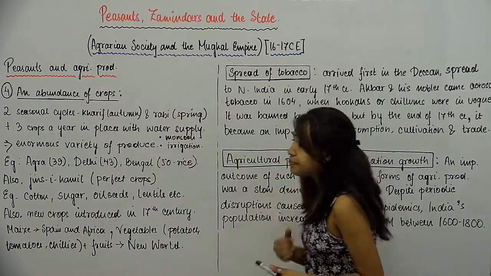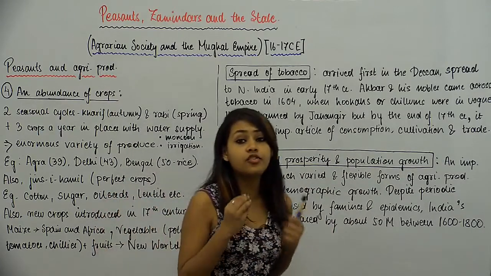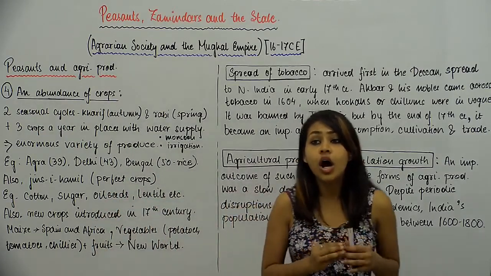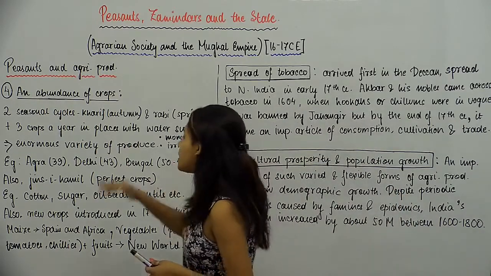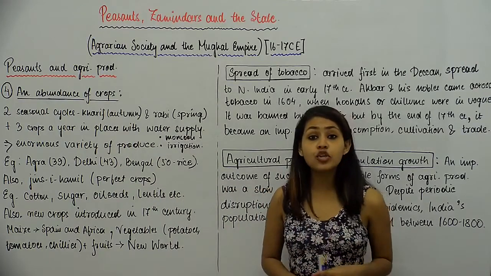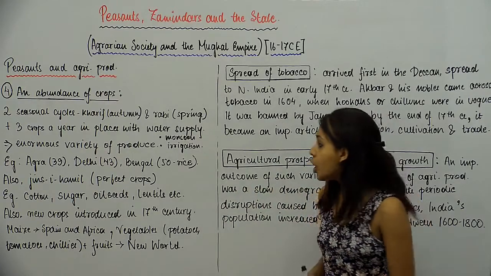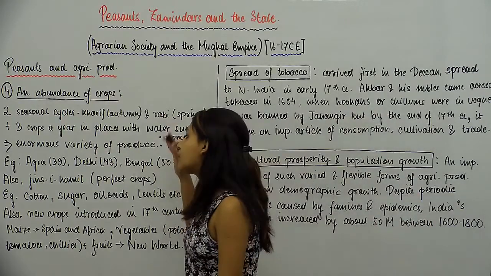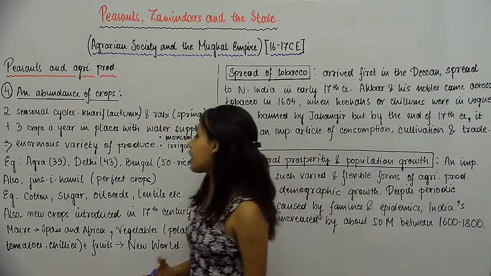So बंगाल में उस टाइम पे 50 वैरायटीज की जो चावल होती है वो उगाई जाती थी एक साल में. So these statistics just show us that agricultural production was very varied in our country in the Mughal period. So that was about the quantity and the variations in the production.